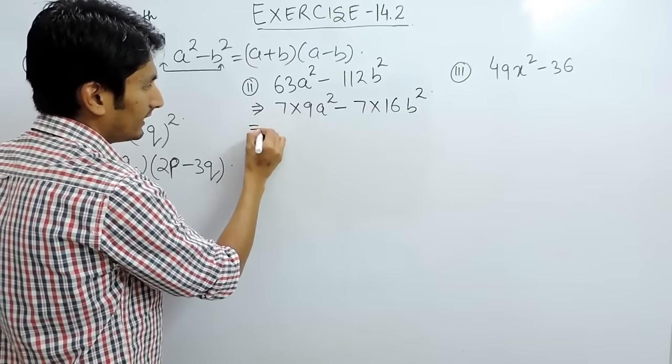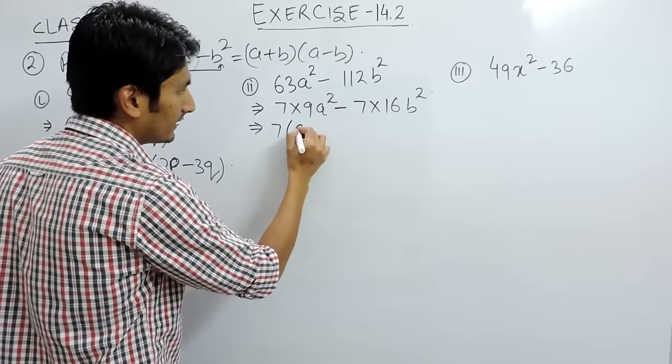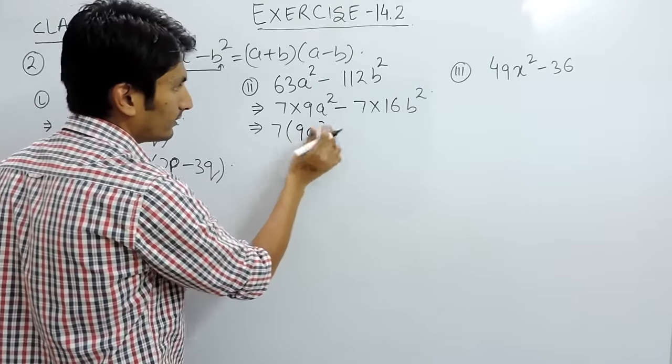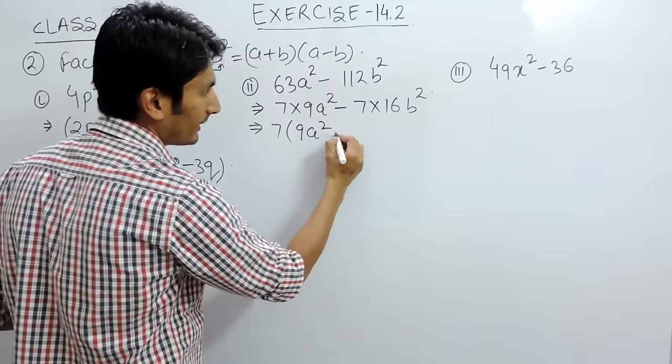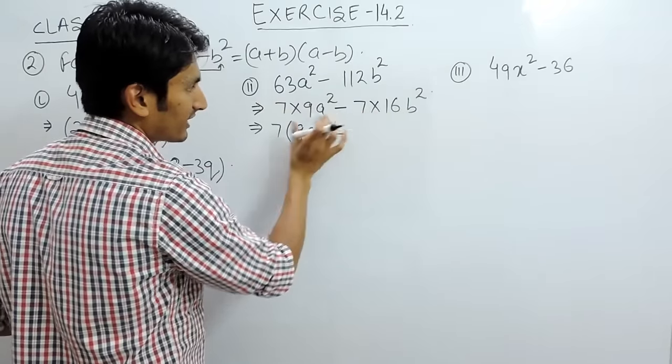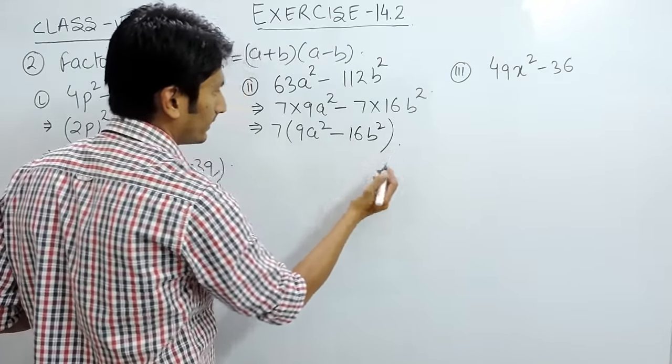So first of all, take 7 as common. So inside the bracket 9a square, from the first term if 7 is taken out, only 9a square will remain, and if from this if 7 is taken out, only 16b square will remain.